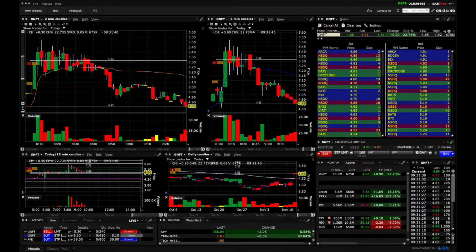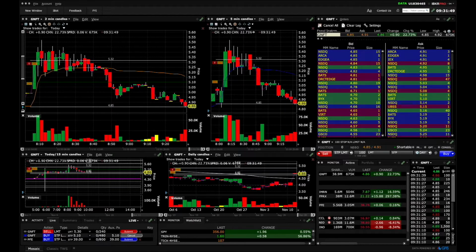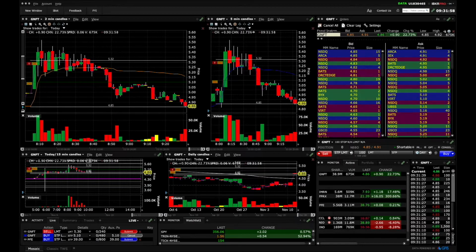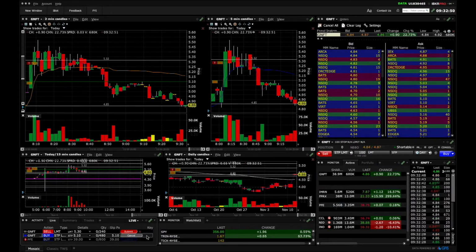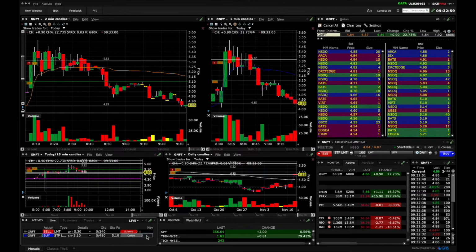Again, if it's not stable below this resistance, I think a reversal will be good. Yeah, I'm going to move my entrance to be the 5. It's going to be an aggressive one, it's going to be a short one.